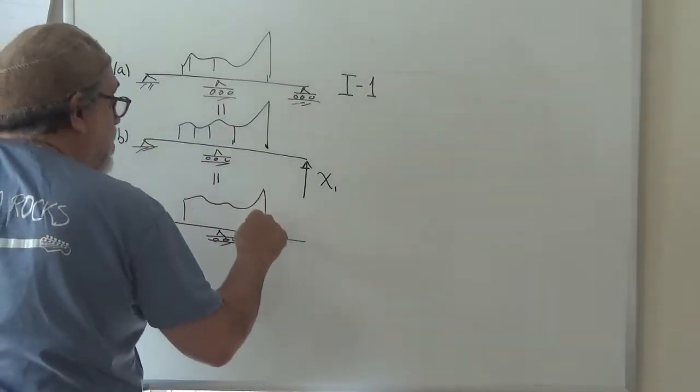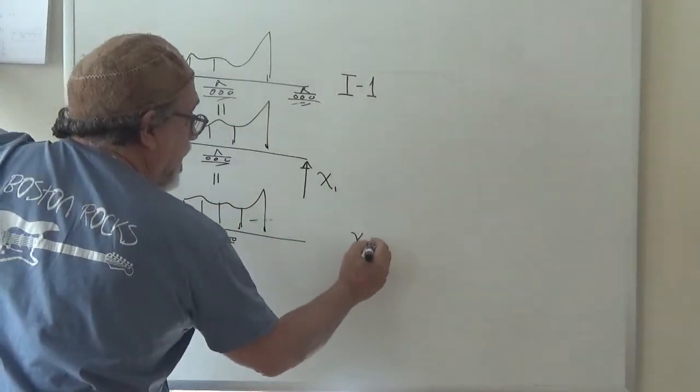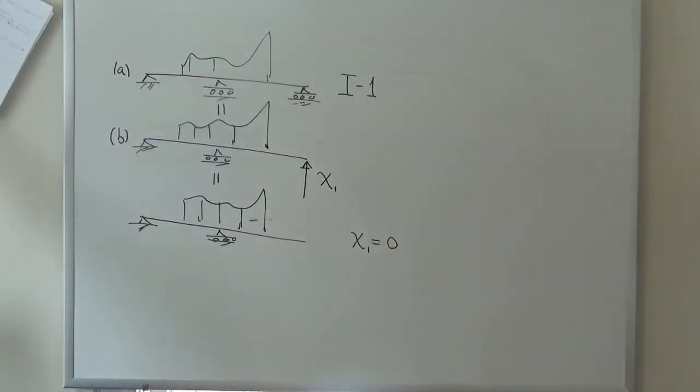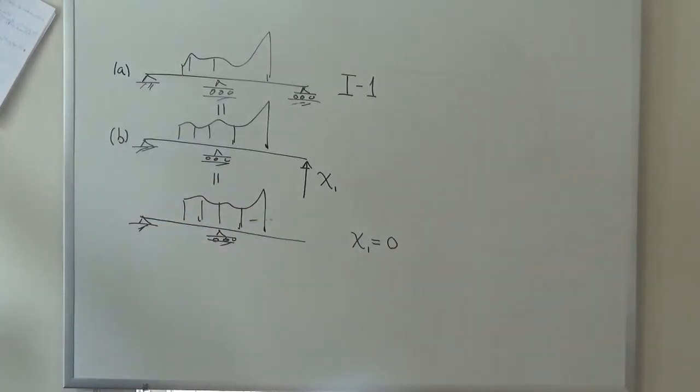So in my first examination, I take the case where x1 is equal to 0. And so I have a structure like that. That structure is statically determinate, right? 2 reactions with an overhanging part, no problem.